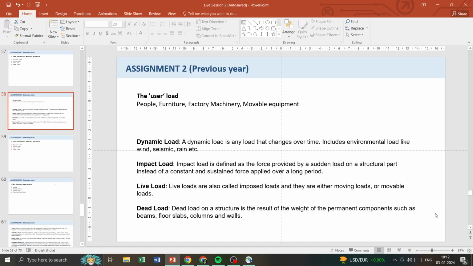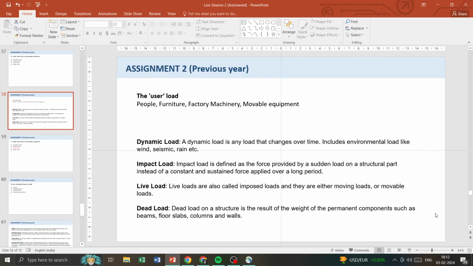So user load is anything that the users are bringing to the building. So user load would be people, because people are the users, then furniture because people need furniture, then machinery based on the building type, different kinds of machine, even including a house. We have fridge, washing machine, these are different machinery. Even if it's not factory machinery, they're still machines and they still have load.